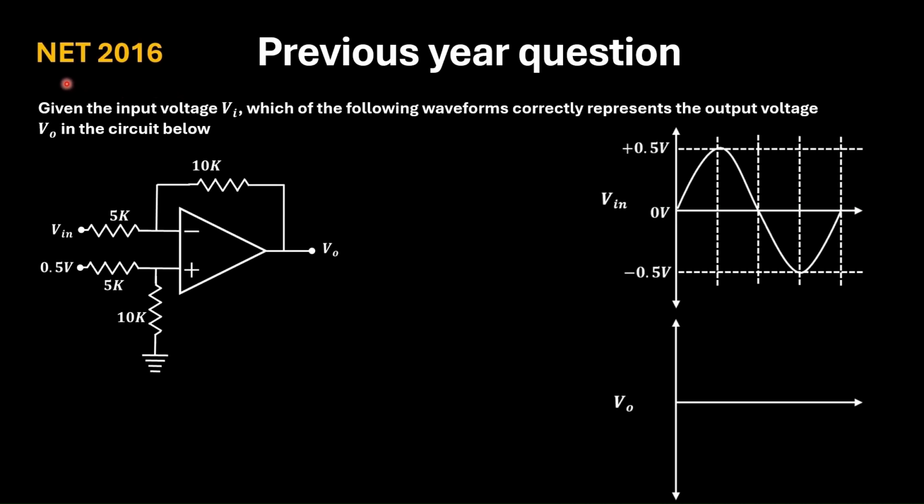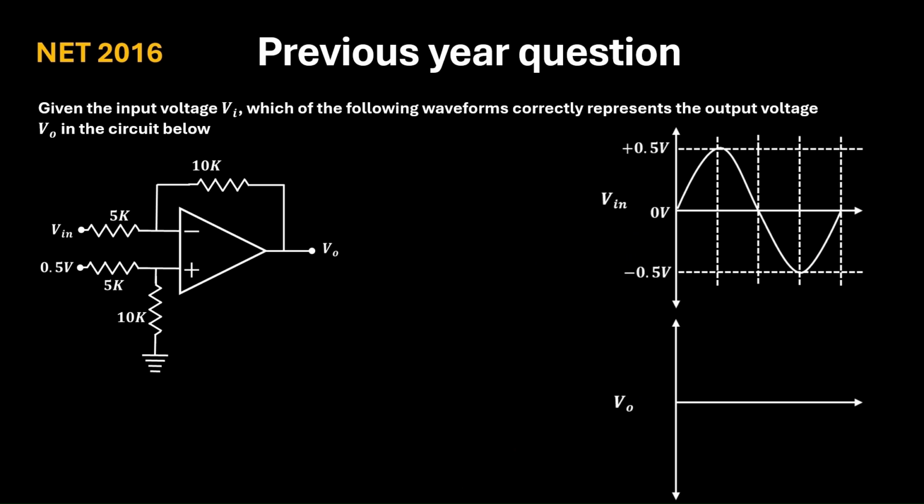This question was asked in CSIR-UGC NET 2016. Here we have two inputs. One is constant of 0.5 volt and the other one is a time varying signal V in, whose graph is given here. So this is a time varying input voltage. Now we are told to find out the waveform of the output.